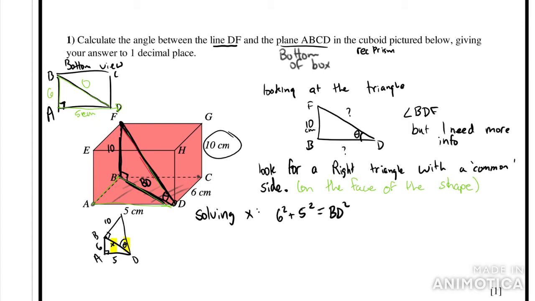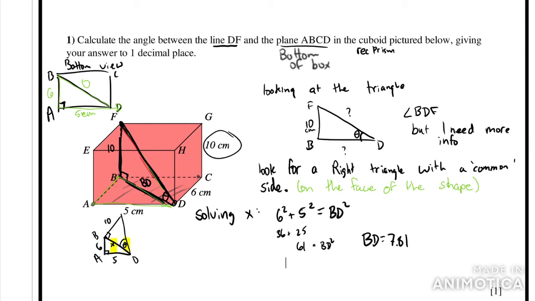Following through, I get 36, I get 25, added them together. So this gives me 61 is equal to BD squared. So BD would be equal to 7.81. All I did there was I square rooted to get BD.